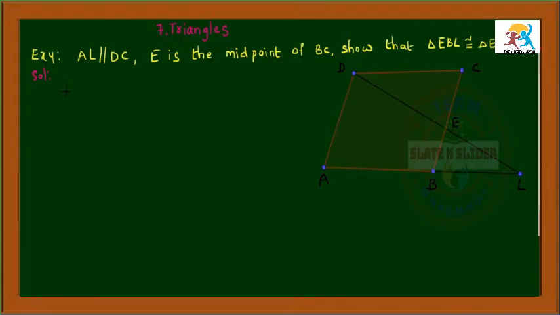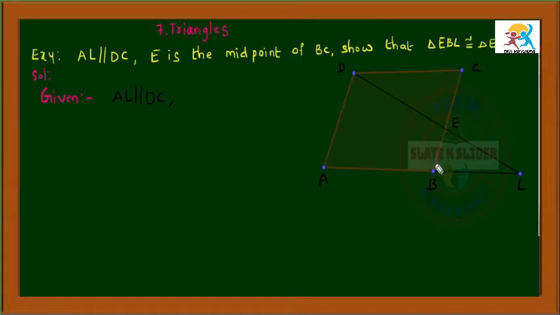Before that, we have to write the given. Given means the data which is given in the question. In the question, AL is parallel to DC and E is the midpoint of BC.